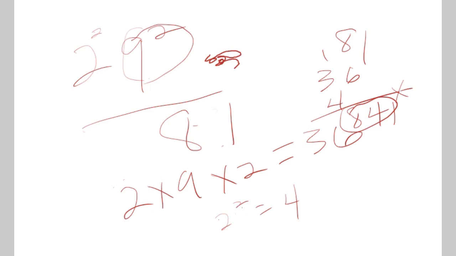I don't know what I'm doing there. And then just go 2 squared is 4, and you should come up with your answer if you put it all together really nicely.